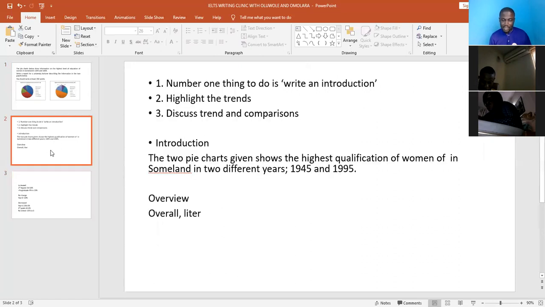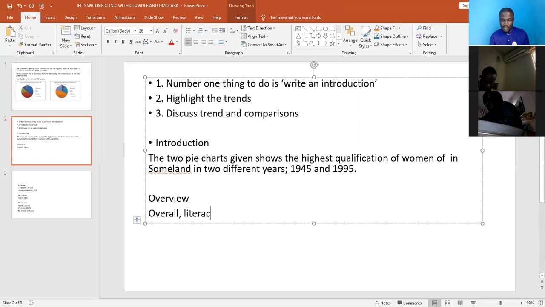So generally, you need to find literacy level, okay, increased over the 50 years gap, literacy level amongst women.